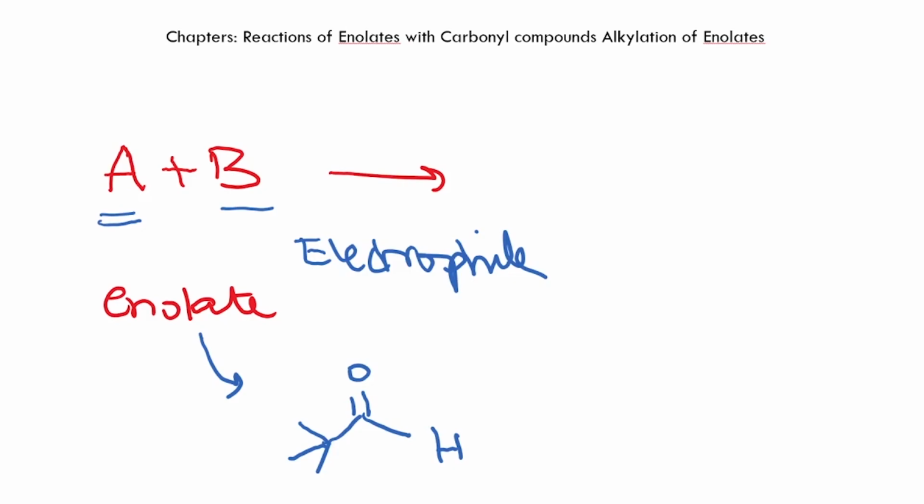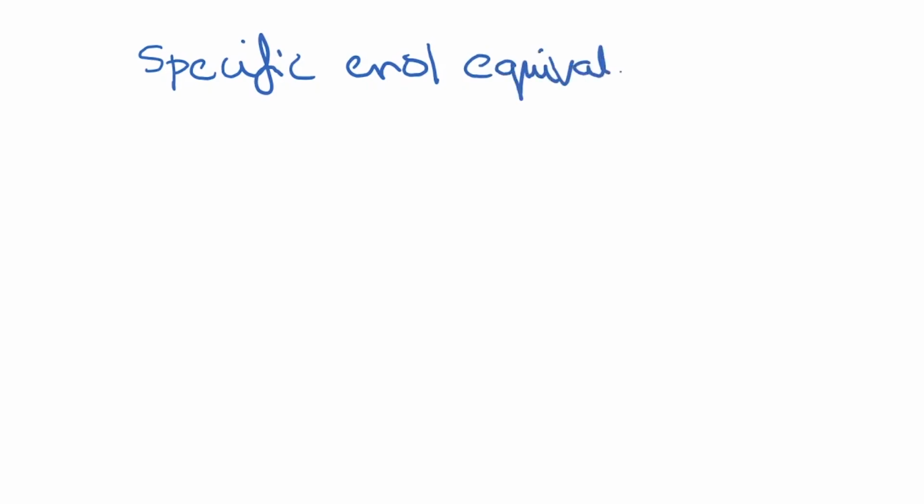But in order to solve this problem of trying to mix and match, we generate what are known as specific enol equivalents. We have looked at this earlier in the semester, for example, generating an enolate under certain special conditions.